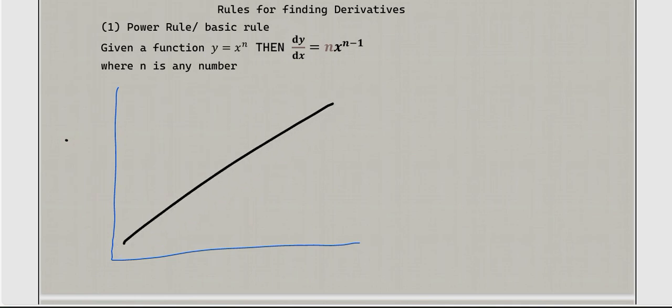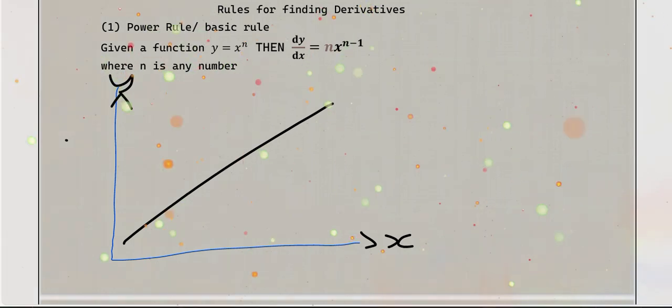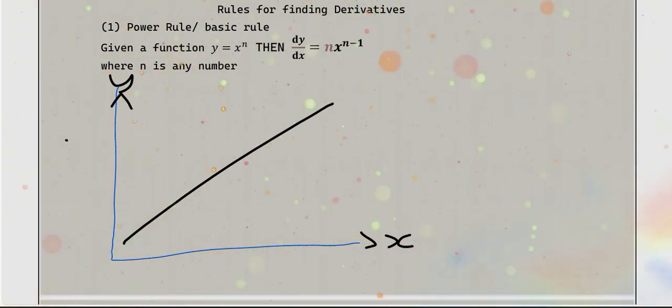If you want to find the gradient of this line, or the change in y with respect to x, this is the x-axis, this is the y-axis. You want to see how much y is changing with respect to x. So you're looking at the change in y with respect to the change in x.